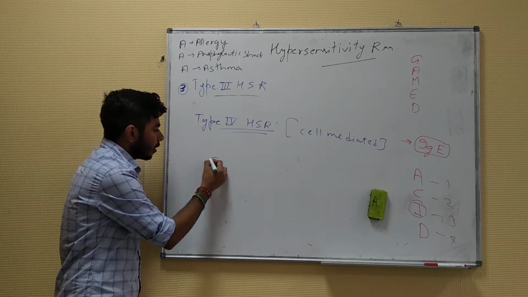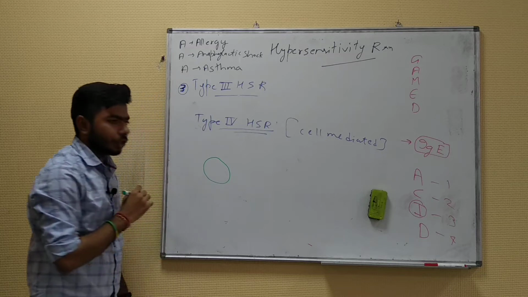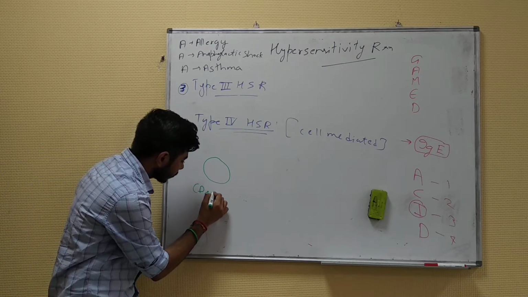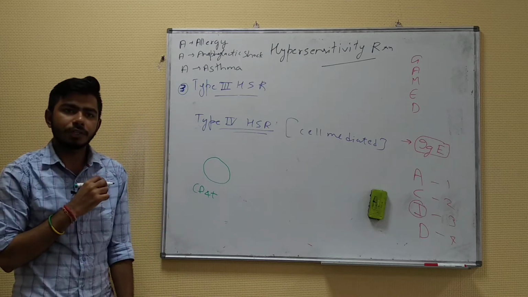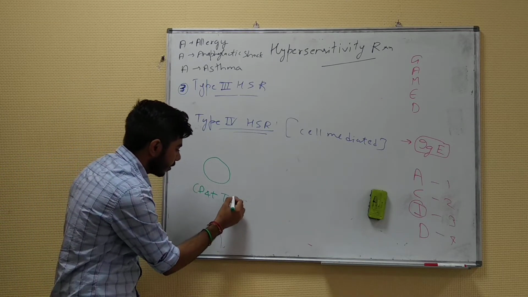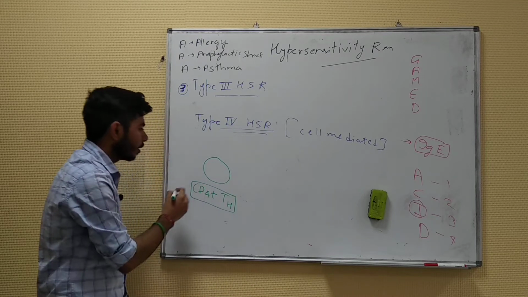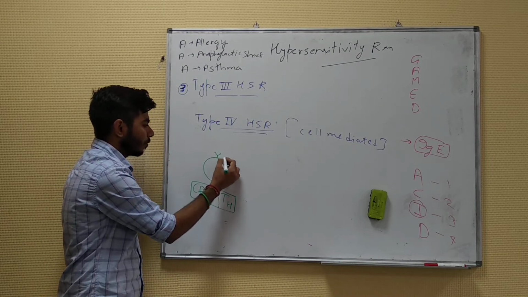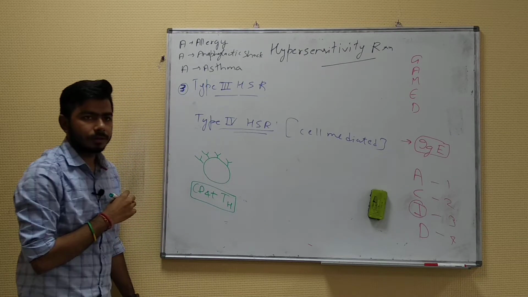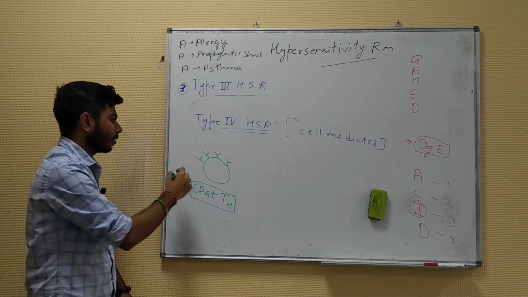Let's say here are the CD4 plus cells. They will be taking the help of the T helper cells, and here are some kind of receptors for any kind of allergen, or antigen, I would say.